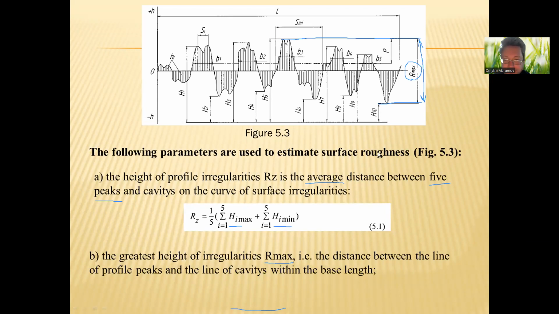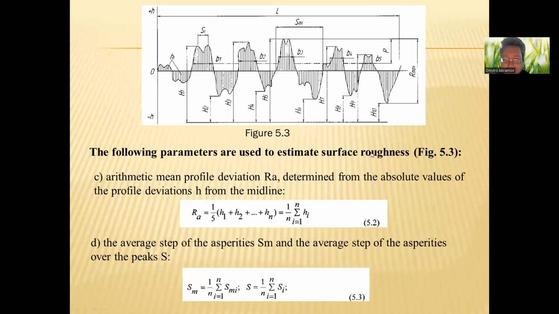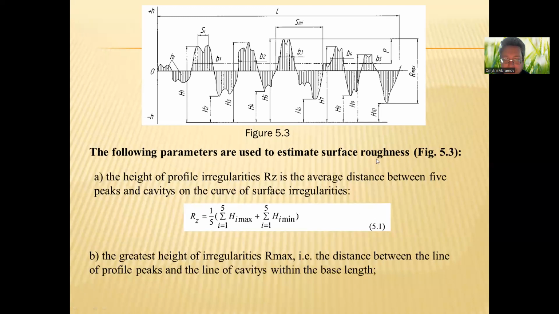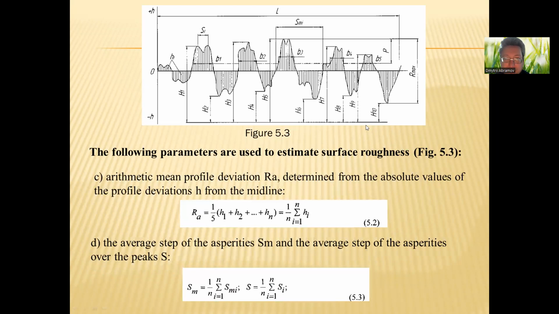Next parameter. Clear this scheme, and C. Arithmetic mean profile deviation, R suffix A. It's arithmetic mean profile deviation R suffix A, determined from the absolute values of the profile deviations H from the middle line.